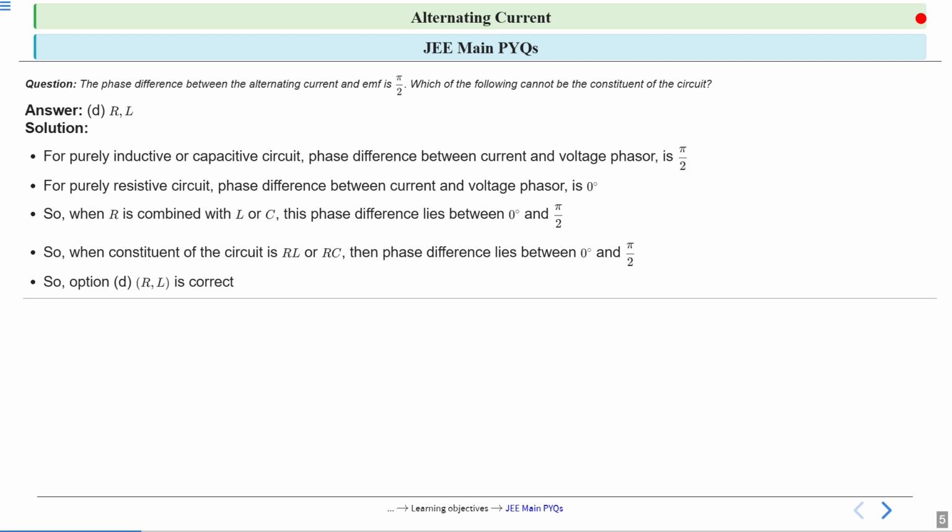Okay, so the LC circuit is also not a circuit in which the phase difference between alternating current and EMF is other than pi by 2. Okay, so we have to determine which of the following cannot be a constituent of the circuit. So in an RL circuit, the phase difference between current and voltage is not pi by 2. It is between 0 degrees to pi by 2. So option D is correct.